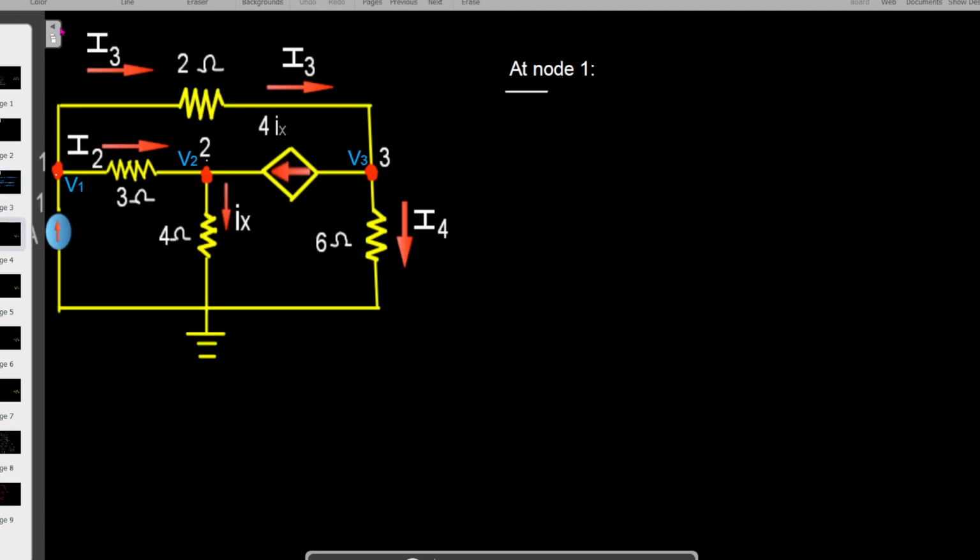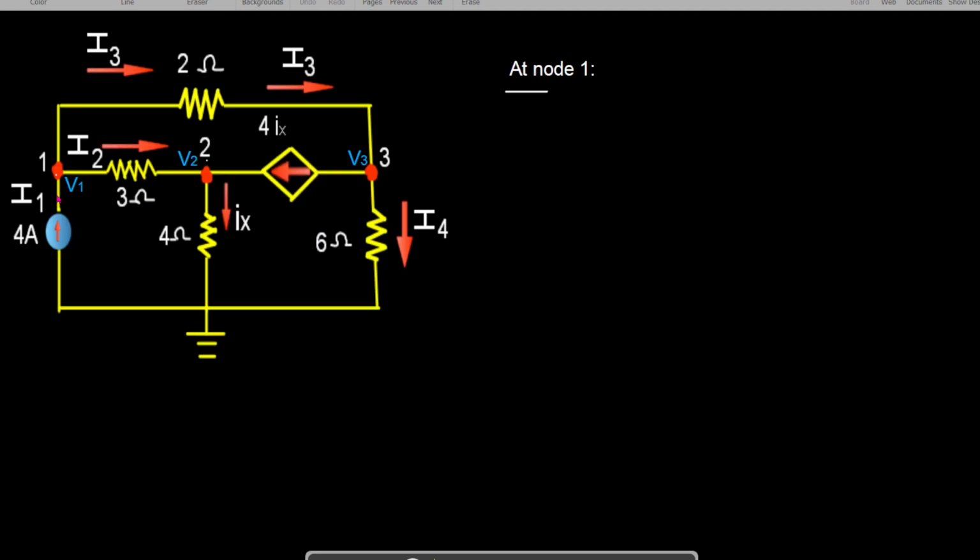Before solving this, we have to name the currents and show the direction of the current flow. Already this current Ix and this 4Ix current directions are given. Similarly, the direction of the 4 amp current source is also given, but other things we have to decide.